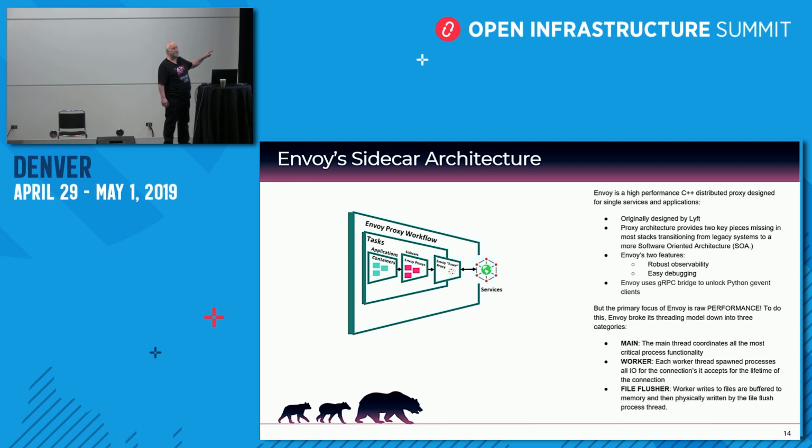It's really fast. And the reason it's really fast is they broke down the threading model into 3 categories. The first one is they have one main thread or multiple main threads that actually monitor all of the other threads and make sure that the transmission of data from one place to another is being handled properly. And then worker threads that actually do the heavy lifting, the I/O, going back and forth between containers.